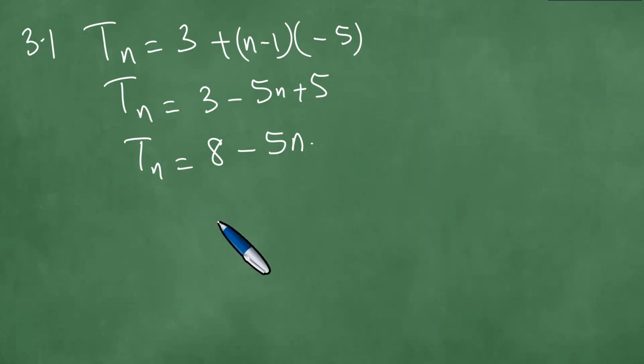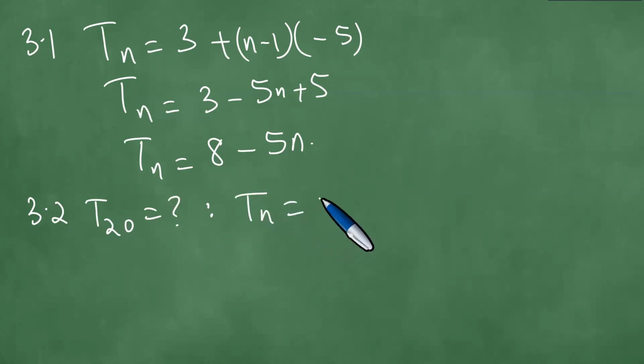Okay, so we're interested in the nth term. So the nth term is this: Tn is 8 minus 5n. In 3.2, we're interested in the 20th term. The question is, what is the 20th term? We know that Tn is 8 minus 5n. So what is T20?